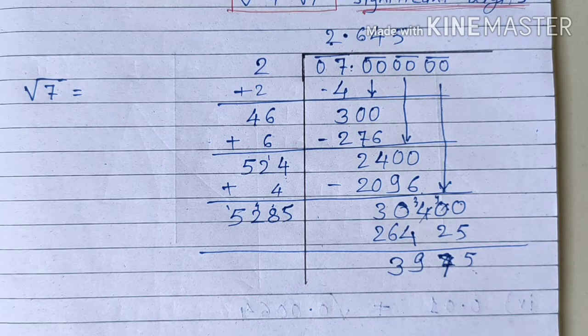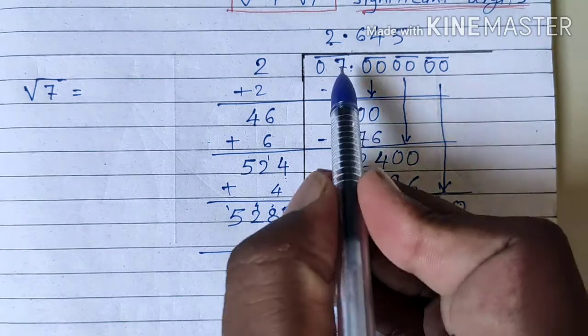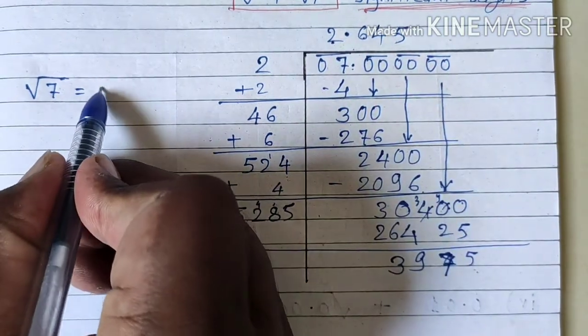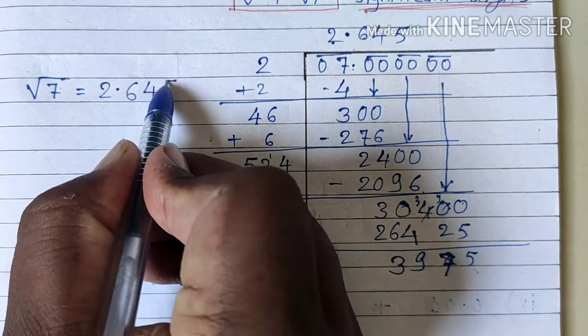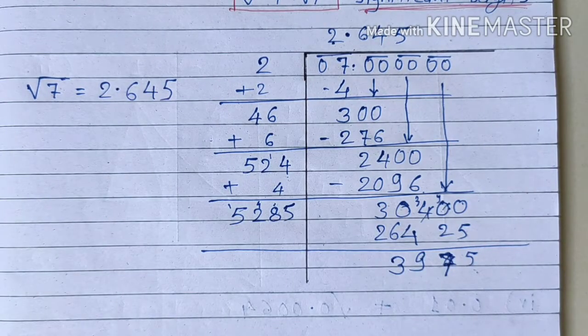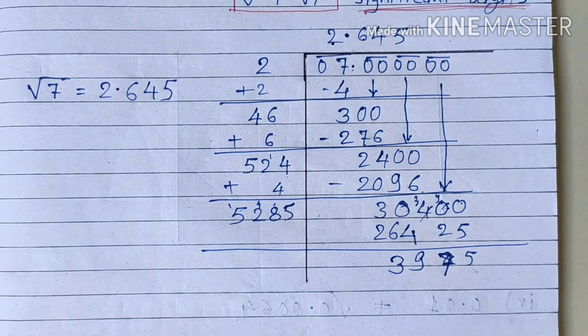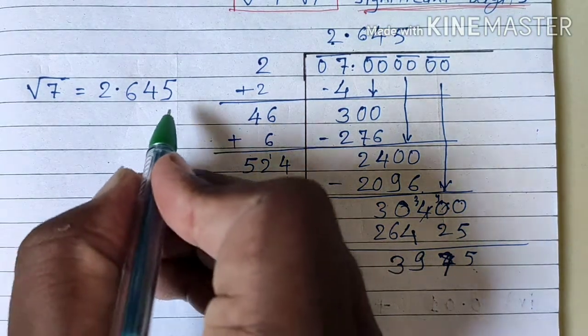Now the question is what? The square root of 7. We get 2.645. Now students, if we want only the 2 digits after the decimal point, what is the procedure here?